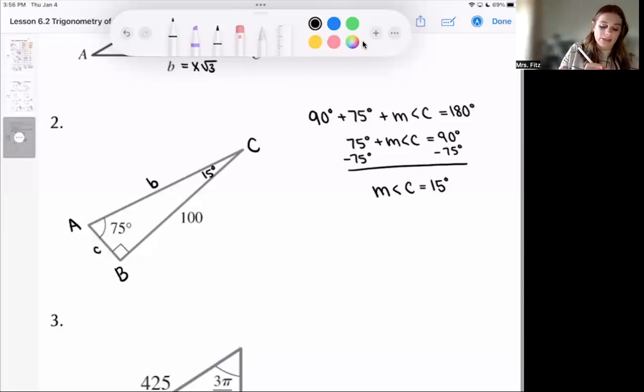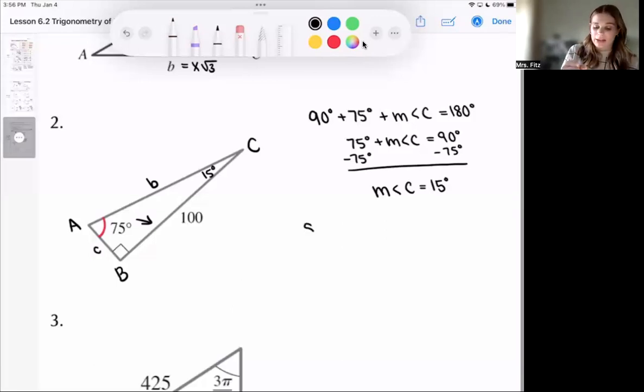All right, so we're given A is 75 degrees. I'm just going to use that as my reference angle. Okay, so I know the leg that is opposite of 75 is 100. If I'm solving for B, I want the hypotenuse. So think, what trig ratio uses opposite and hypotenuse? Well, turns out that it's sine.